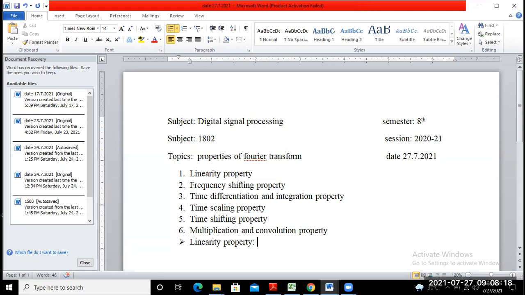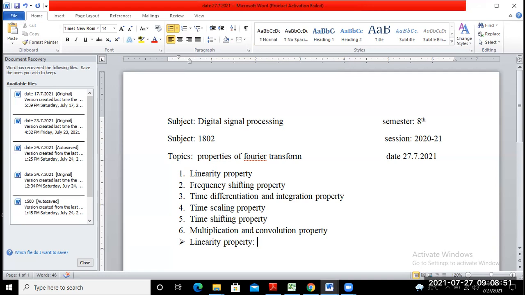The linearity property states that if any signal in time domain represented by x1(t) has the Fourier transform X1(omega), and another signal x2(t) has the Fourier transform X2(omega), then from the linearity property, a1 x1(t) plus a2 x2(t) has the Fourier transform a1 X1(omega) plus a2 X2(omega).